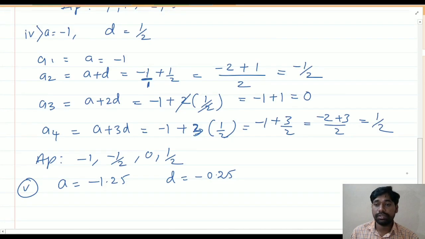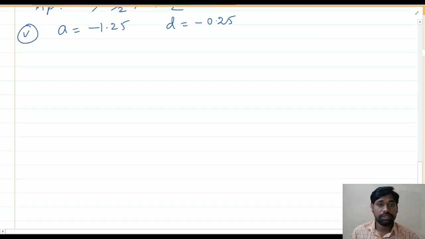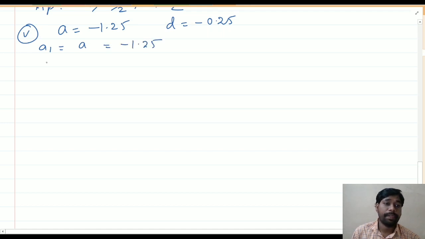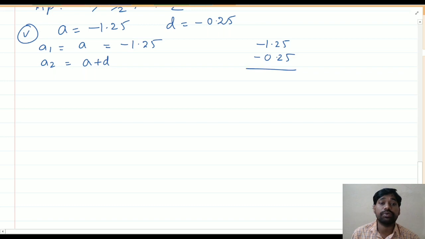Yes, the minus is there. So let us solve this. The first term is A only, so minus 1.25. Second term is A plus D: A is minus 1.25 and D is minus 0.25.